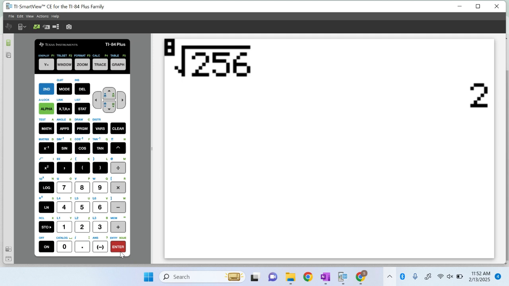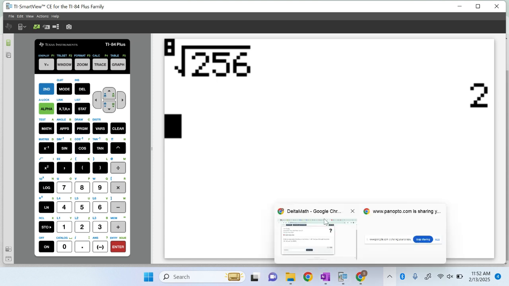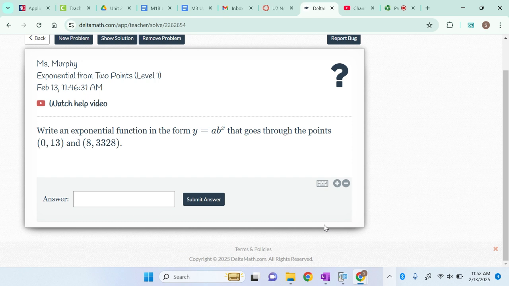If we put that into the form that we want, we get y equals our A value, which is 13, times our B value, which is 2, raised to the x power. And that's what you type in.